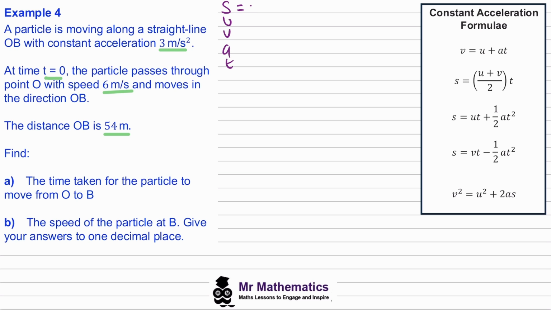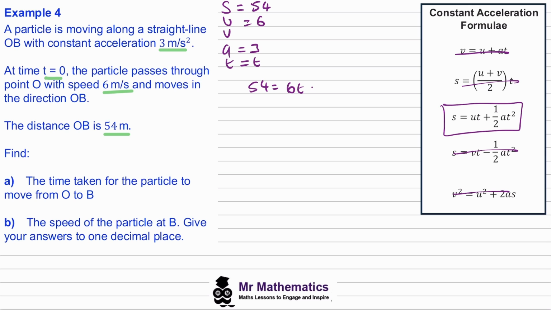We've got the displacement of 54, the initial value of 6, the v term isn't relevant, and the acceleration is 3, and we're trying to work out the time. So if we cross out the formula with a v term, then we're going to use this formula. So 54 will equal u times t plus 1/2 of a times t squared.